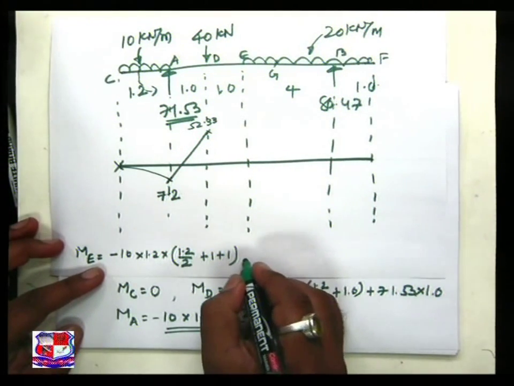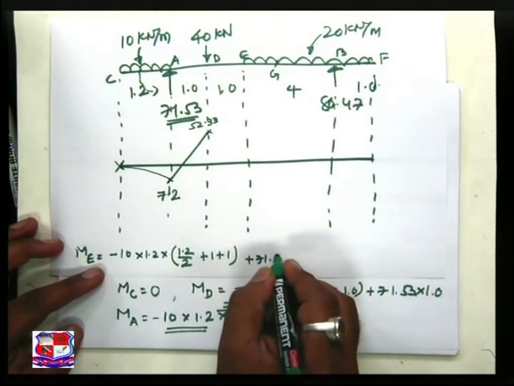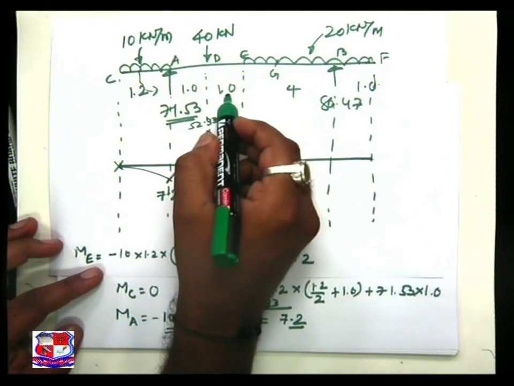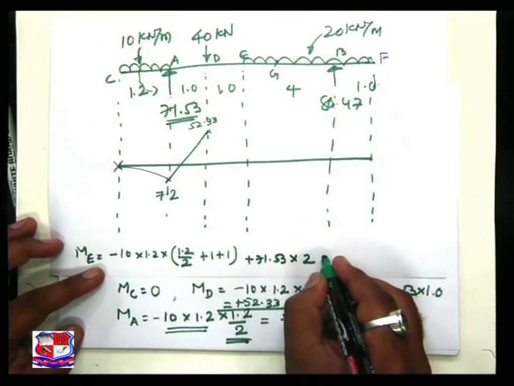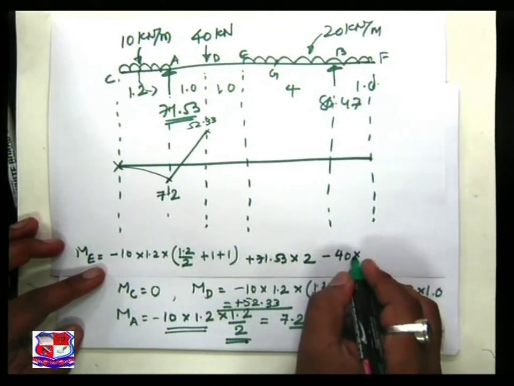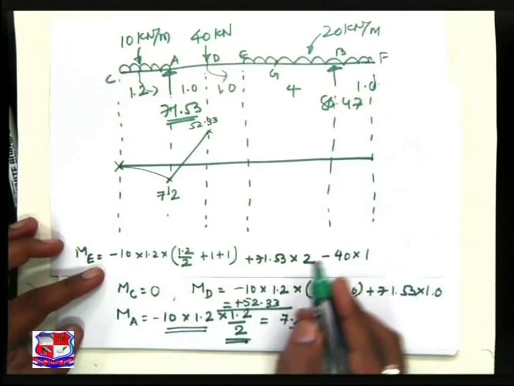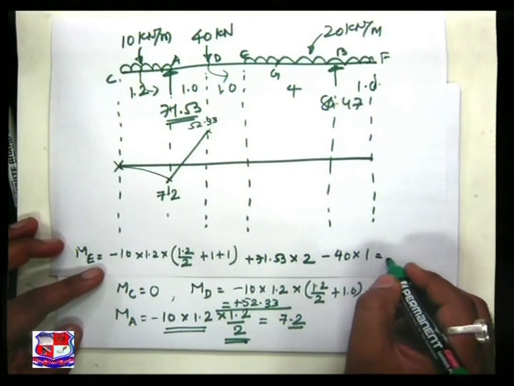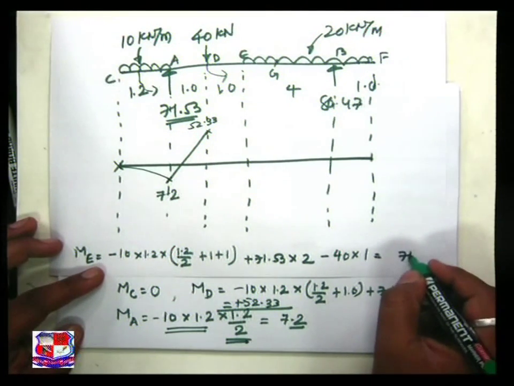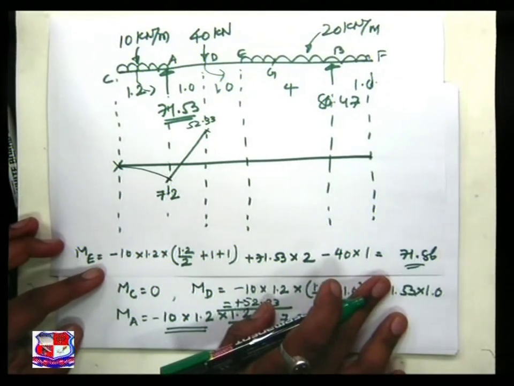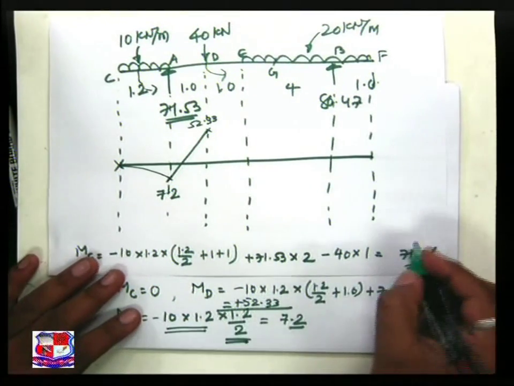Next load plus 71.53 into 2, because 1 plus 1 is 2 meter, minus 40 into 1, because this goes with minus sign, and we achieve this answer as 71.86 kilonewton into meter, and the plus sign is there.